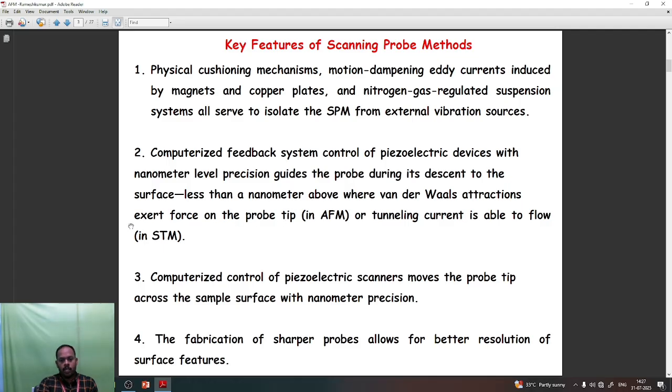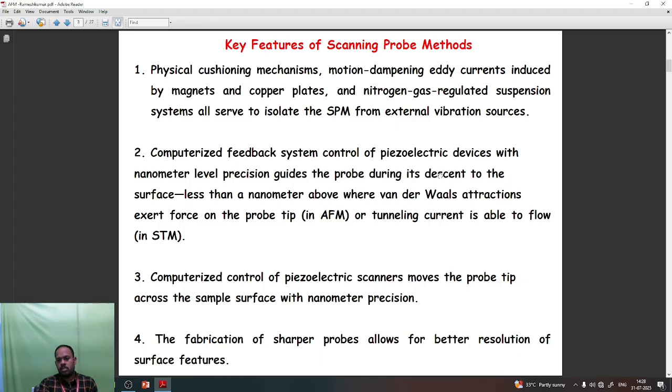In AFM, we will monitor the force between the probe tip and the sample surface. In STM, scanning tunneling microscopy, there will be a tunneling current which will be monitored between the instrument probe and the sample surface. Here the piezoelectric devices will monitor the force change, or the forces, at the nanonewton level.